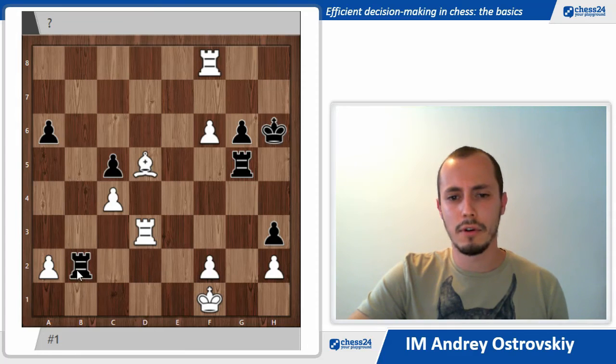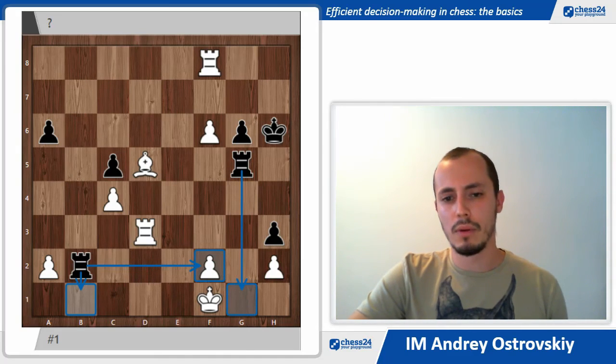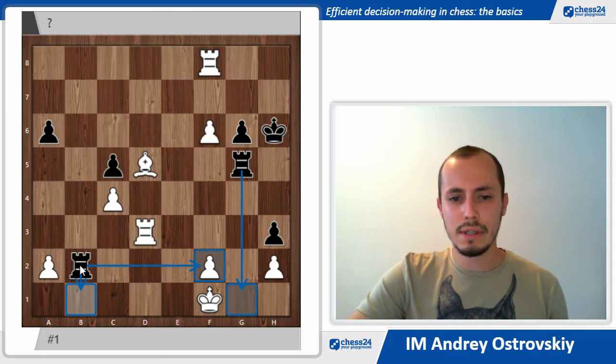And again, since you have no choice here and you have to continue with forcing continuations, you have to focus on checks. So here, after rook took on d3, black has again several checks. A new one that became possible after rook d3 is rook to b1. Another one is rook to f2, and the third one is rook to g1. So rook f2 still gives nothing, so king takes and game is over.